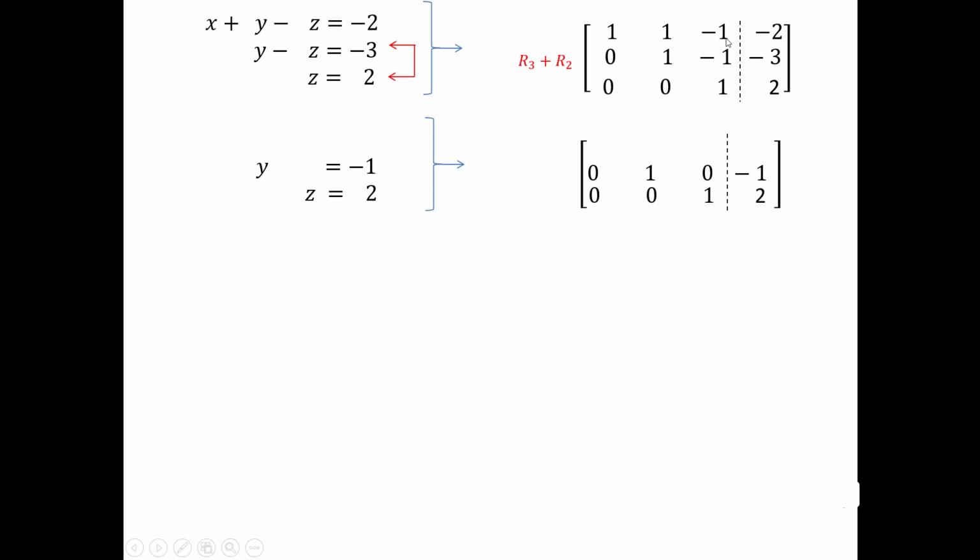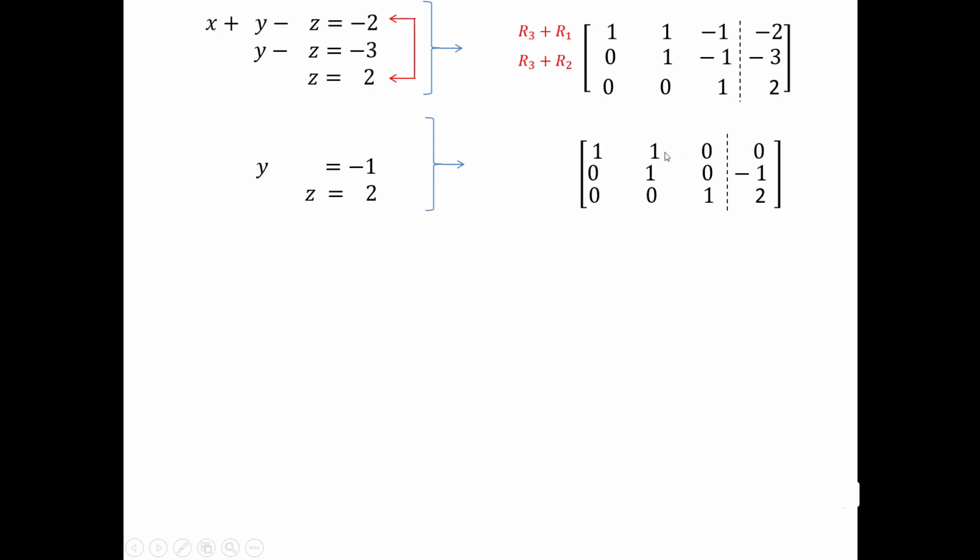So the last step here is to now try to find or cancel out this term. So again, I can add row 3 plus row 1. If they weren't already opposites, then I would have to multiply by something before adding. But notice that in this case, we simply add the two together, row 3 plus row 1, and I'm going to be left with 1 plus 0, which is 1, 1 plus 0, which is another 1, negative 1 plus 1, which makes this 0, and finally negative 2 plus 2, which makes this 0.